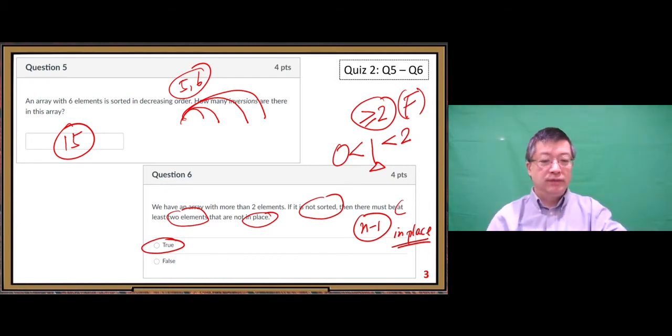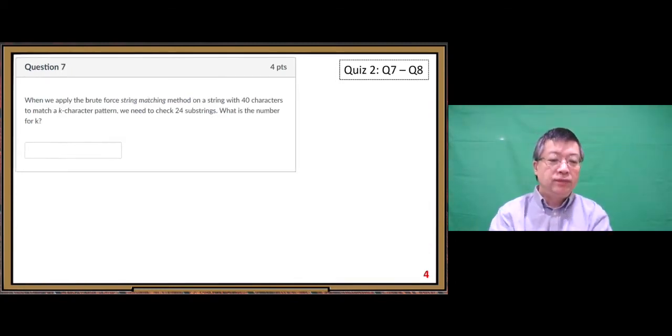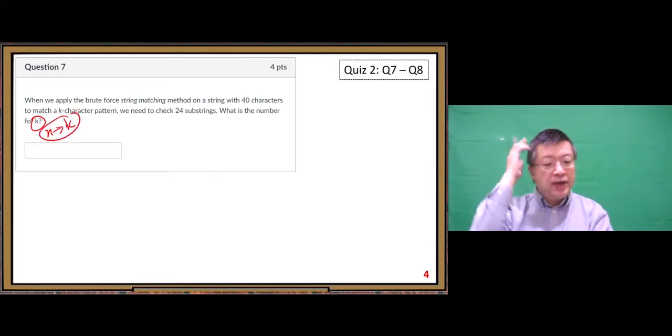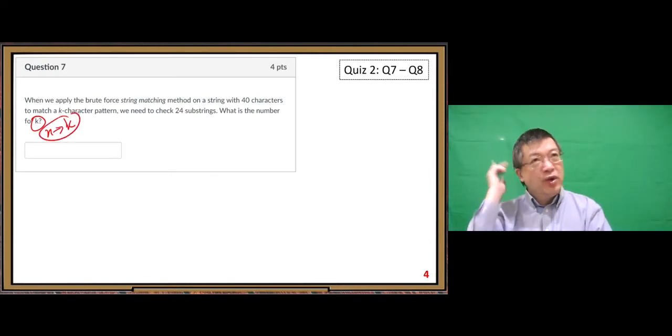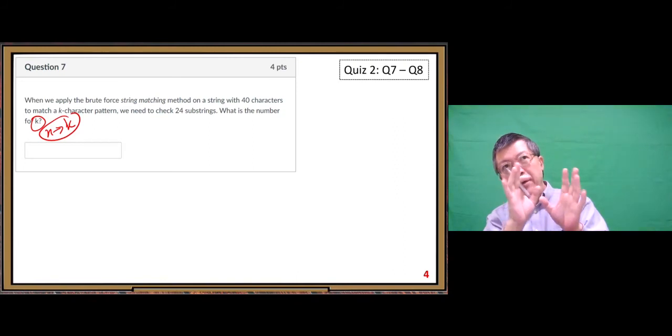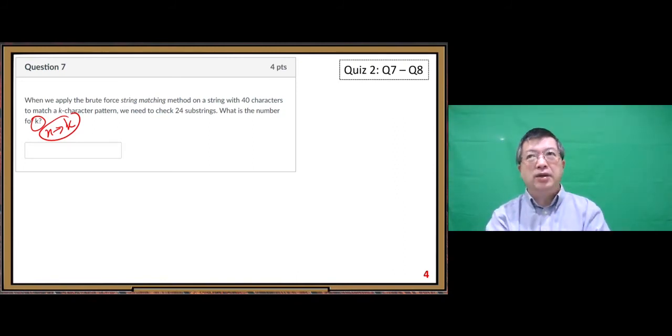All right. Number 7. When we apply the brute force string matching, this one I changed the first version from n to k. Because in my mind, I just want to ask you that unknown variable. What is the value of that?